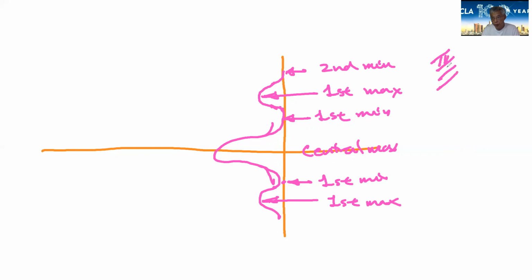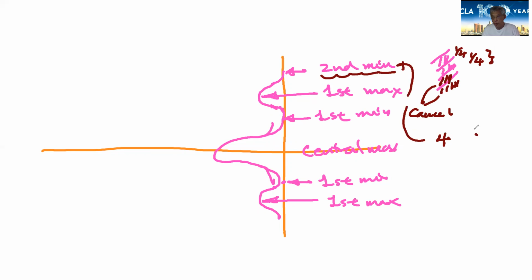This quarter cancels that quarter, and this quarter cancels that quarter, so this is where the second minimum will be. It is divided into 4 quadrants when you have the second minimum.